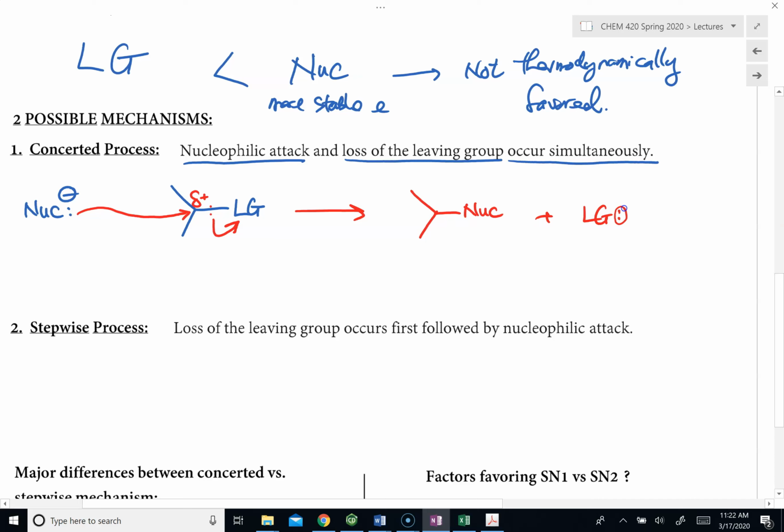Notice this lone pair right here. This used to be the electrons that were part of this bond over here, and they now end up on the leaving group, and the leaving group now becomes negative. So this is called the concerted process, where the two steps happen simultaneously. And later on, we will refer to this mechanism as an SN2 mechanism.